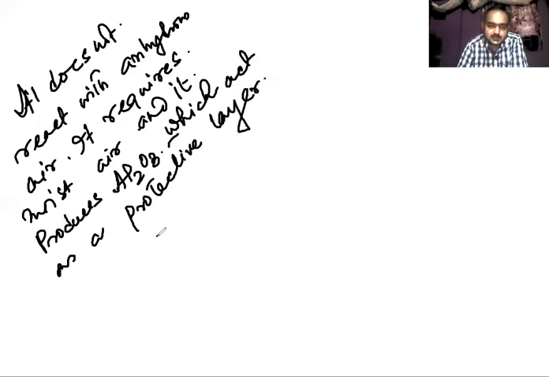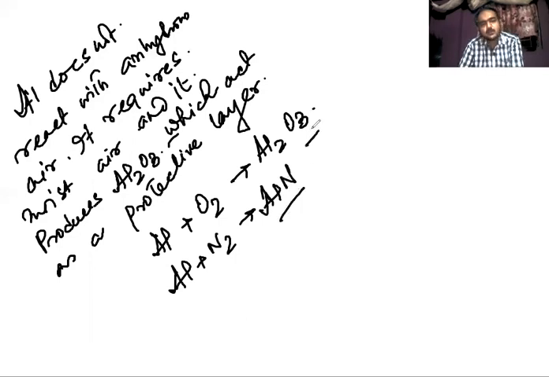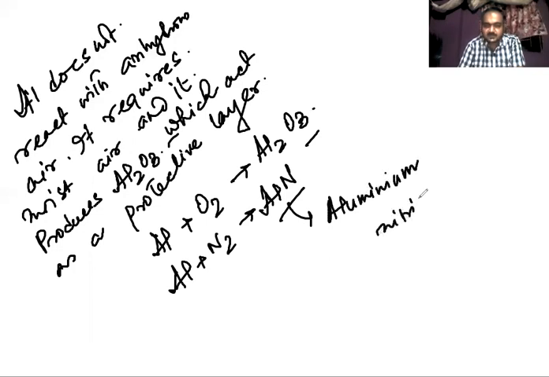So as you can see, aluminium plus oxygen will produce Al2O3. Aluminium plus nitrogen will produce AlN, aluminium nitride.